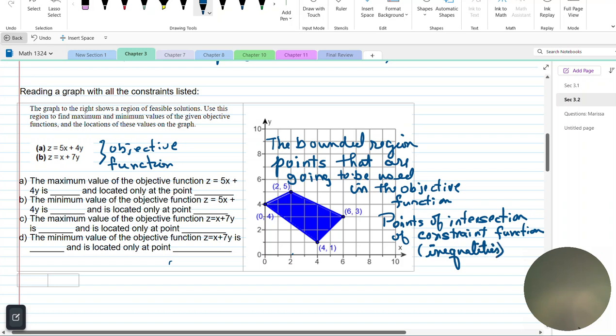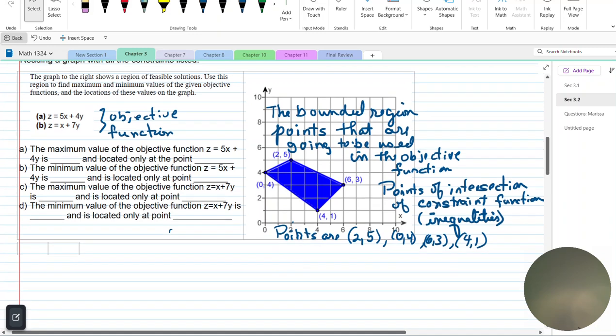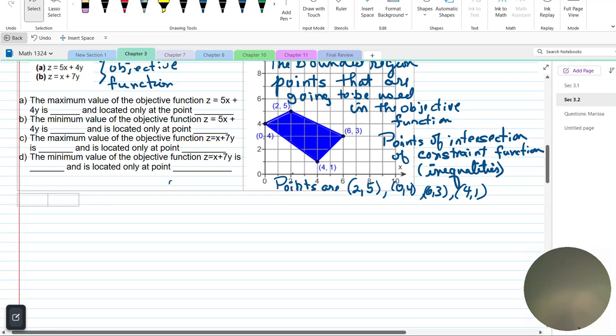So they've done the work for us of graphing and identifying. All we have to do is recognize the vertex points. And the points are (2, 5), (0, 4), (6, 3), and (4, 1). So these are the ones we're going to be looking at for those objective functions.